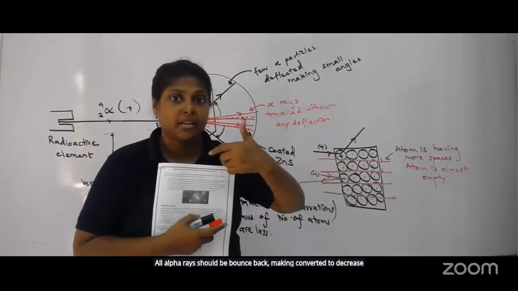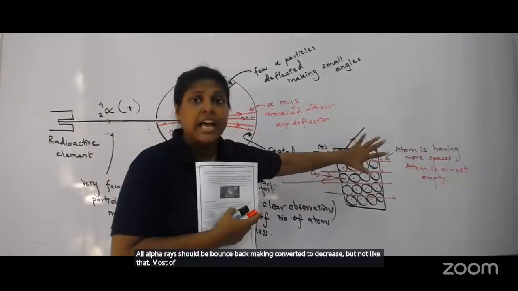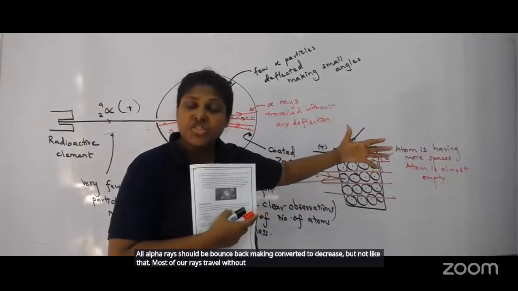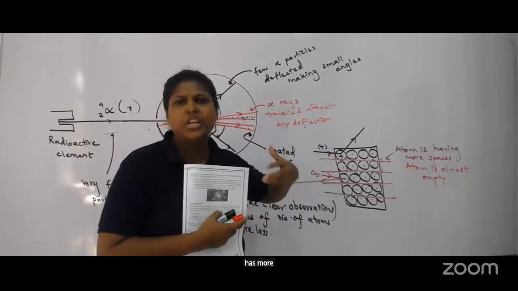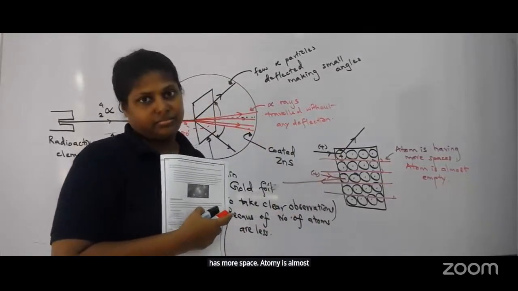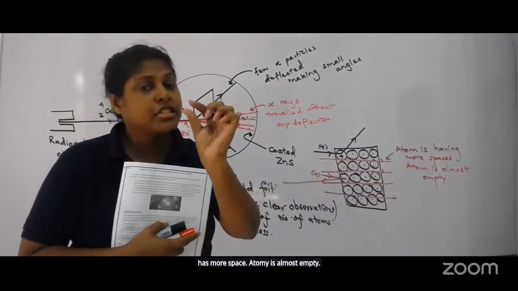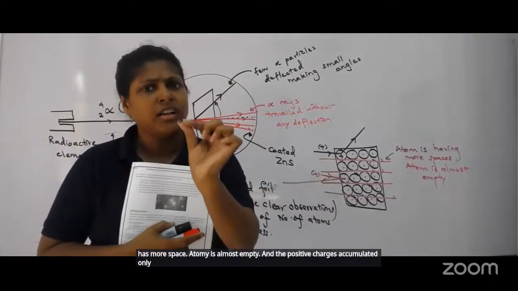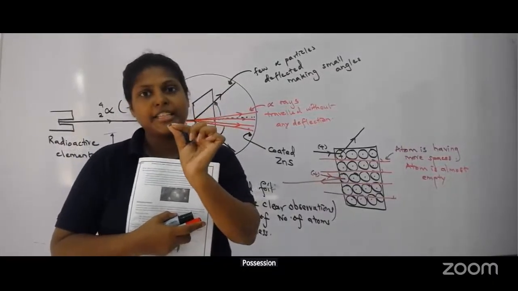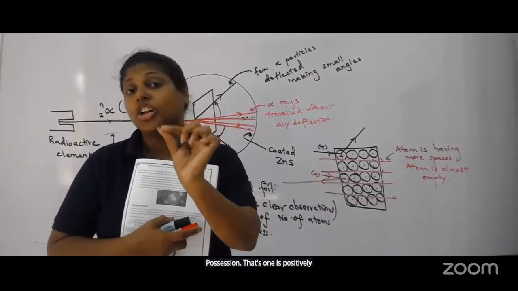But it is not like that. Most alpha rays travel without any deflection because the atom has more space. The atom is almost empty, and the positive charges are accumulated only in a very small position. That is positively charged and called the nucleus.